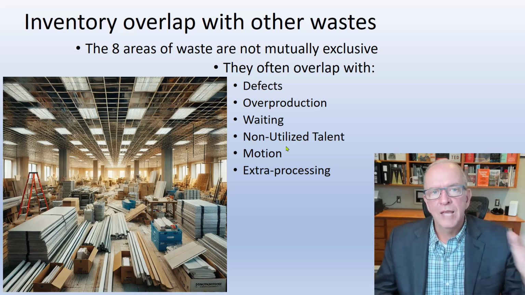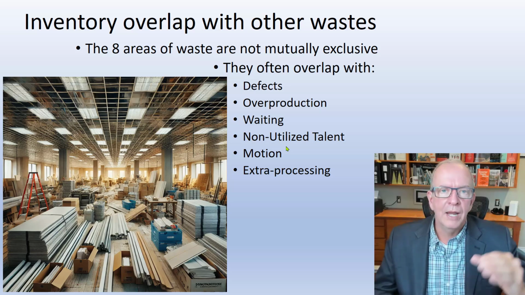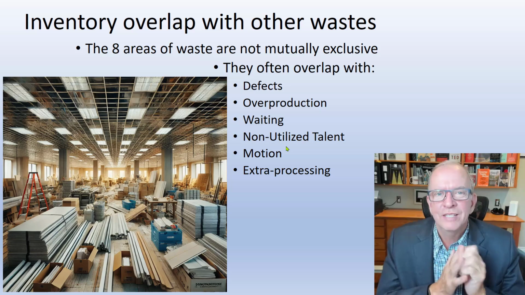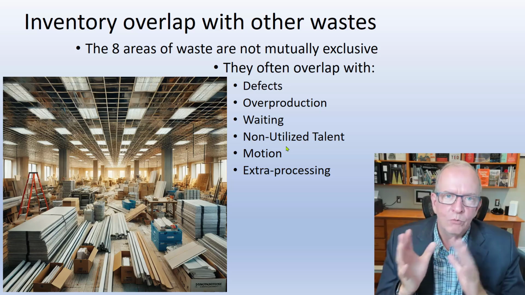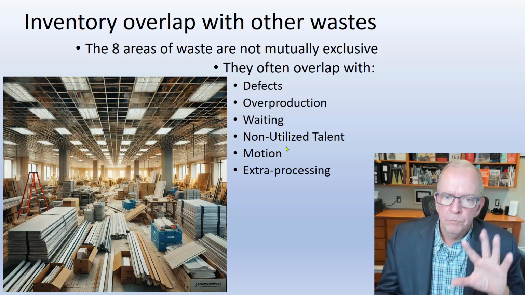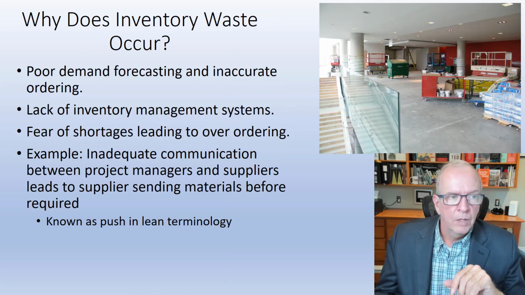It's an extra step if we have to order an extra C can to store it in. So these are all extra processing points that we could remove. And if we remove extra steps, we remove waste. So they're all kind of interconnected in a lot of ways.